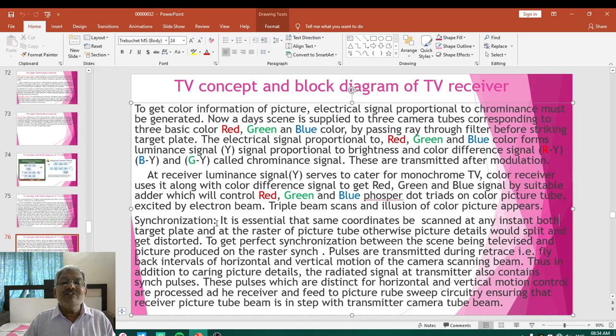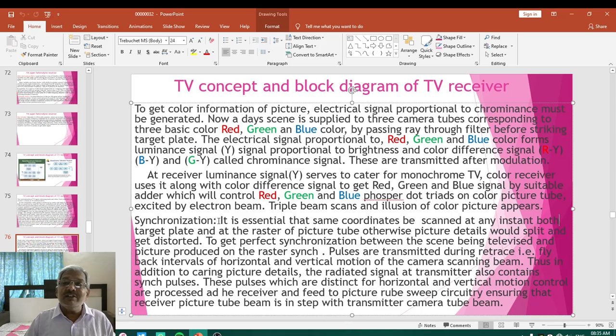Meaning of synchronization is to synchronize the transmission and reception with each other so as to produce the illusion of the picture on the television picture raster as it is snapped by means of a camera, and it gets converted from the optical image into its corresponding electrical image. And to generate an exact replica of the same event on the television screen, the synchronization is needed.